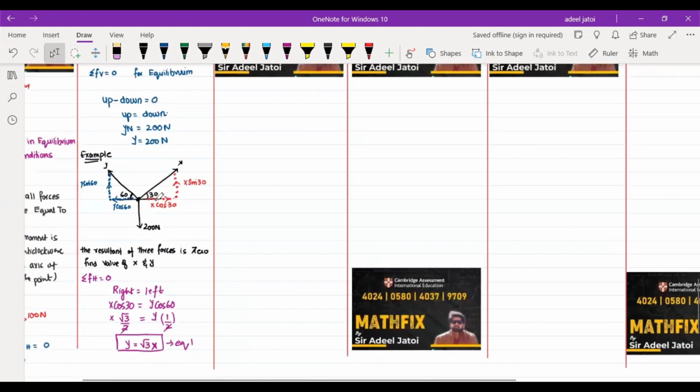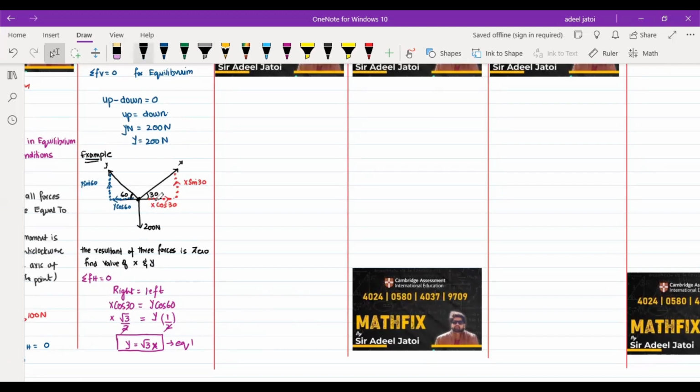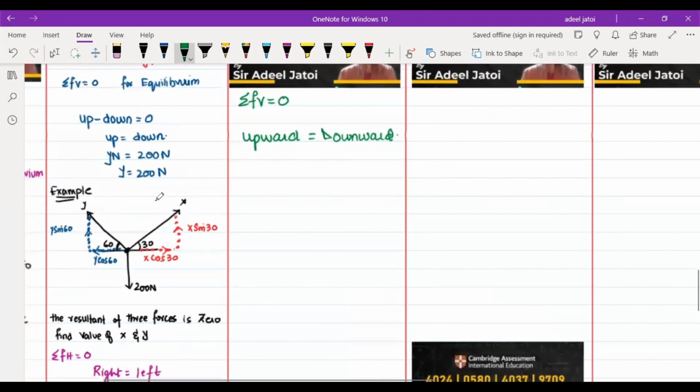Now let's just work upon the upward and the downward force, right? In this case, we have an upward and downward force, so the summation of F vertical should be equal to 0. So upward is equal to downward.